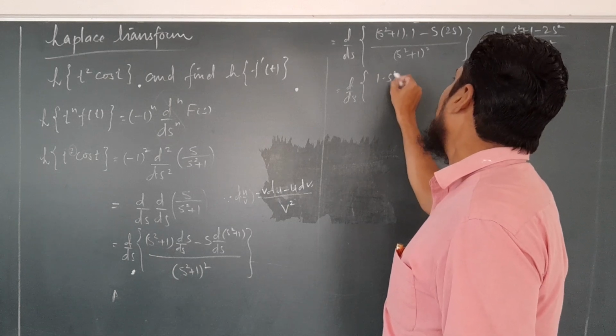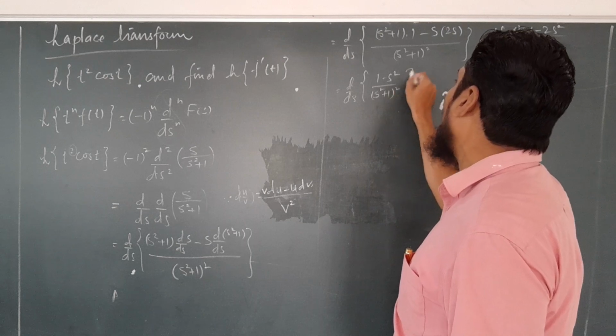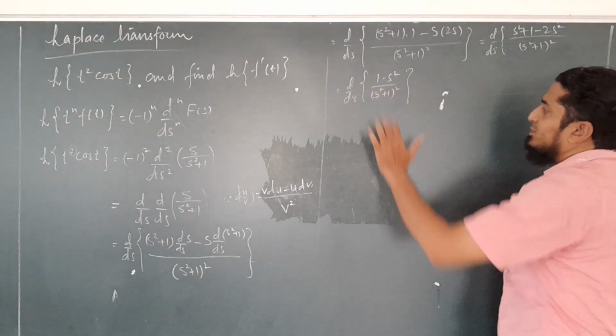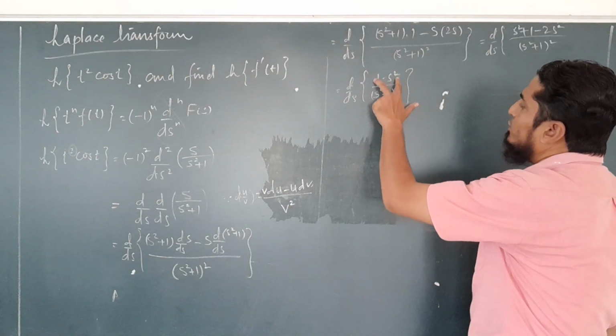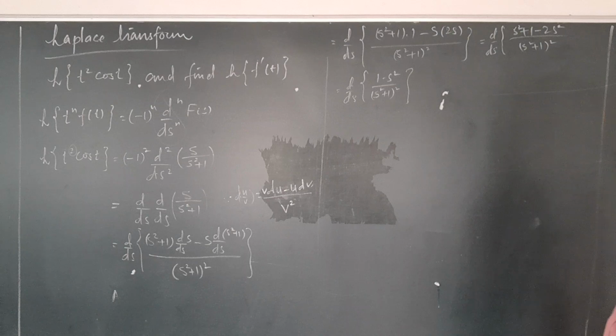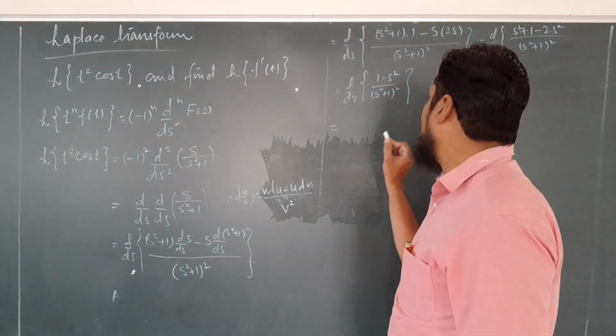After solving this, we get d by ds of 1 minus s square upon s square plus 1 bracket square, and we have one more derivative to solve this expression. Again we get u upon v form, and it is a little bit complicated, so go with very much care.